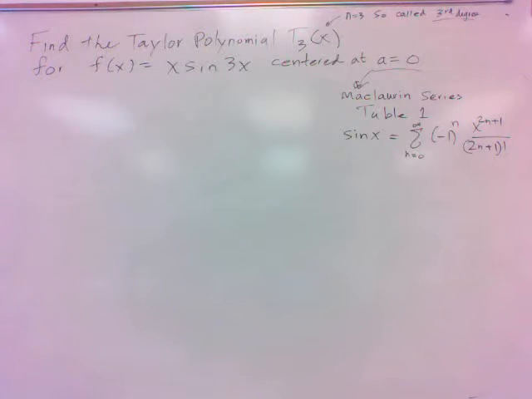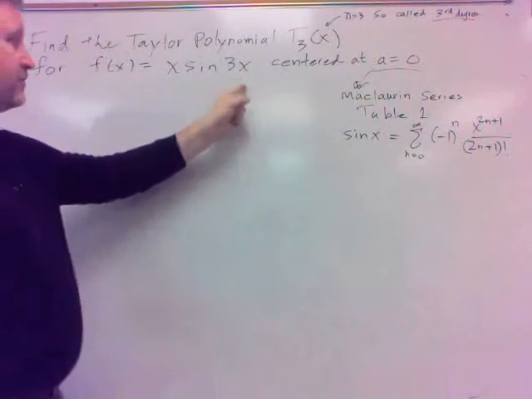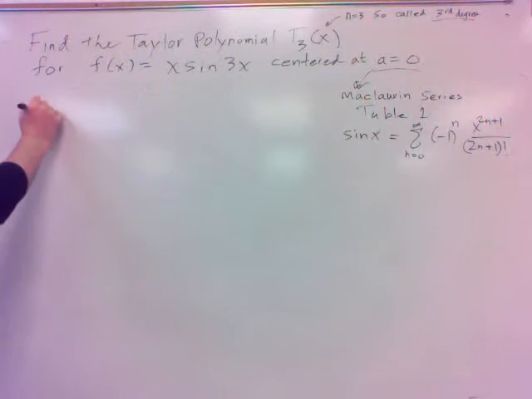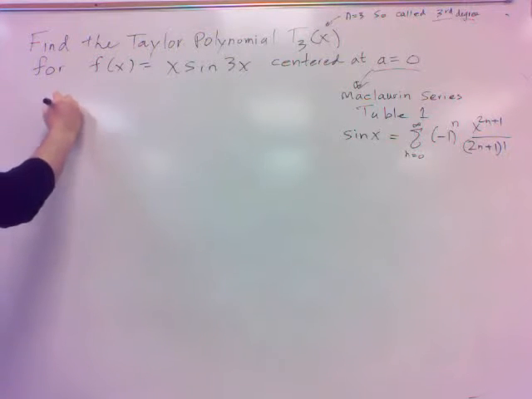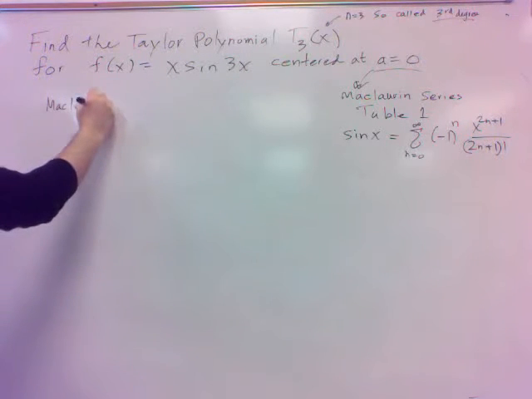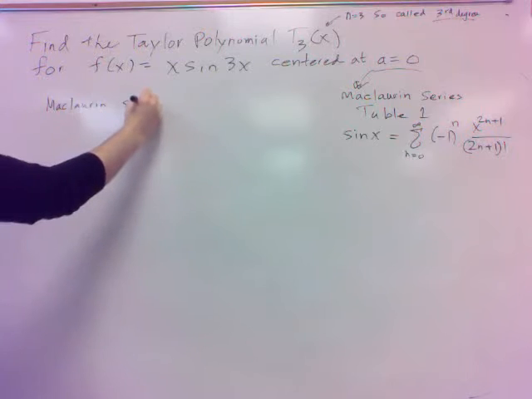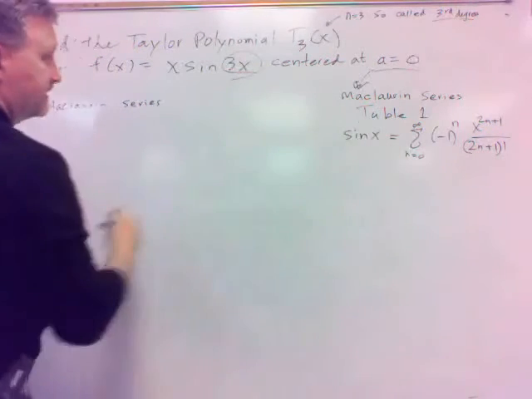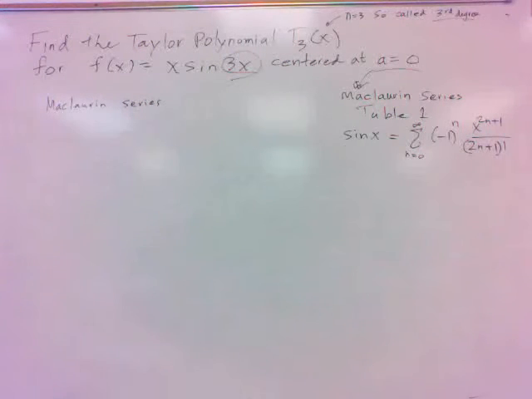So from Table 1, I know that sine of x is the sum of negative 1 to the n, x to the 2n plus 1, over 2n plus 1 factorial. And so I can get x sine of 3x then. As a Maclaurin series, we just plug in 3x for the x there.